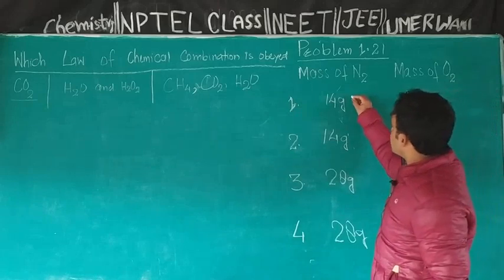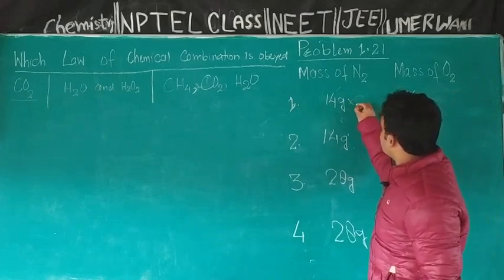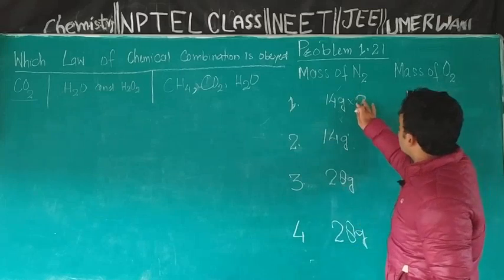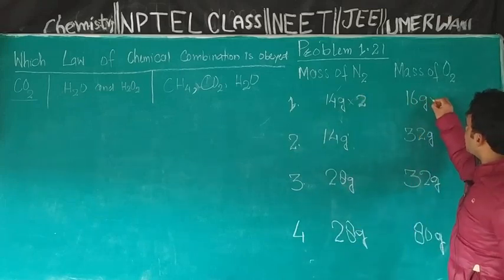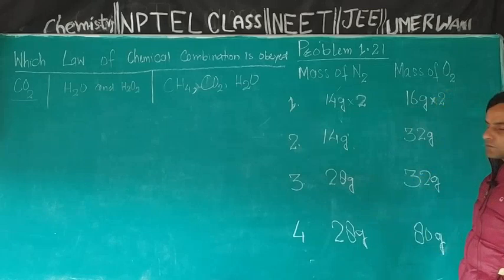If I fix the mass of nitrogen, I will multiply this 14 by 2 in compound first. I will multiply the reacted mass of nitrogen, 14, by 2, and to maintain the stoichiometric amount, I have to multiply the mass of oxygen also by 2 in this compound.